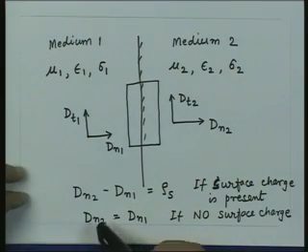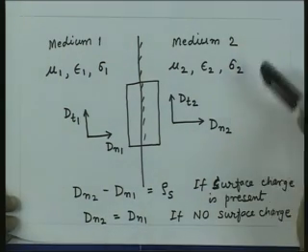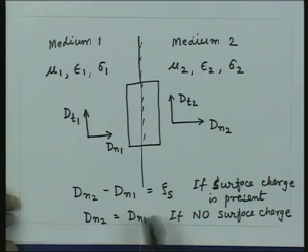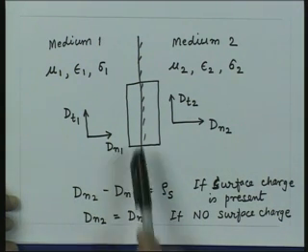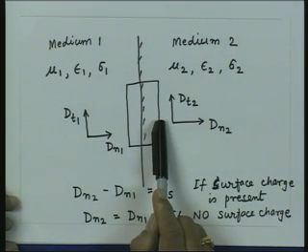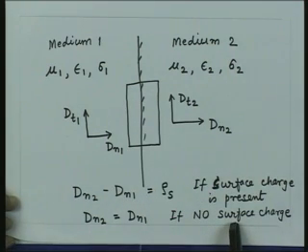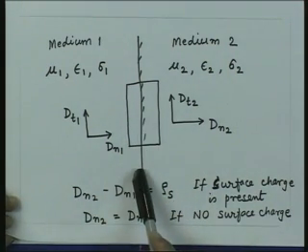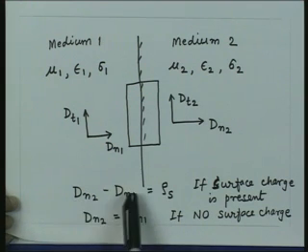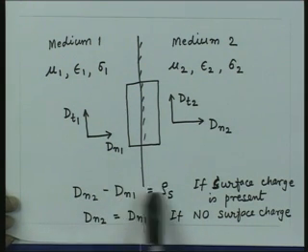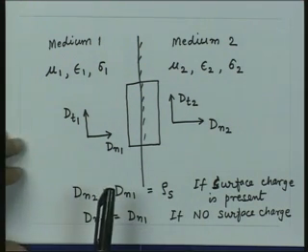So, this is one boundary condition which we have from the Gauss law: the normal component of the displacement vector is continuous across a boundary if there is no surface charge, and in the presence of surface charge, the difference of the normal component of the displacement vector is equal to the surface charge density. This is boundary condition 1.